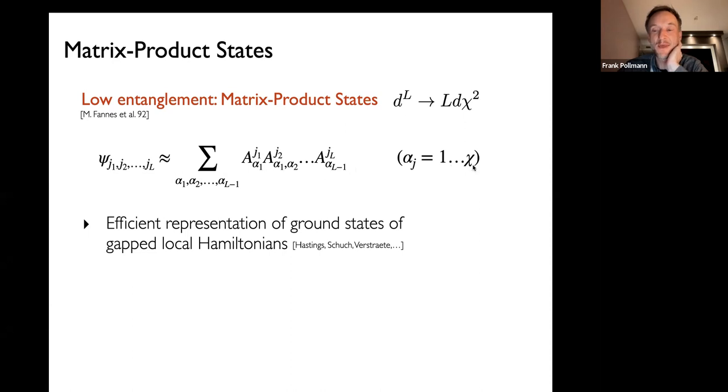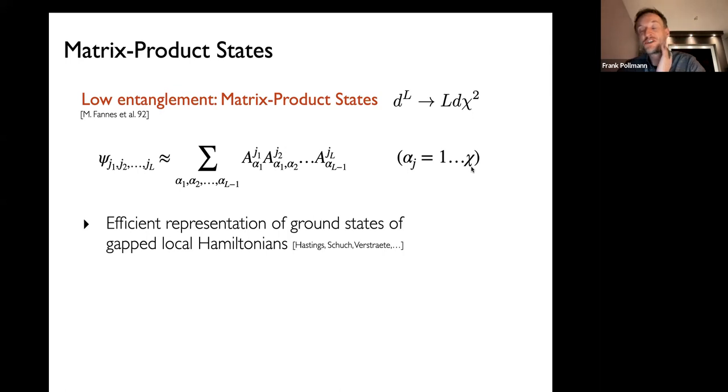In the simplest case, if chi equals 1, this amounts to a product state where the amplitudes of the total system are just the product of the amplitudes of a local state. With this ansatz we can interpolate between a simple product state and a fully, highly entangled state by increasing this number chi.